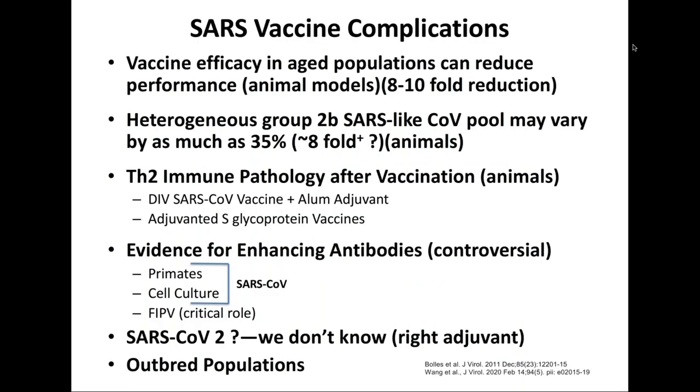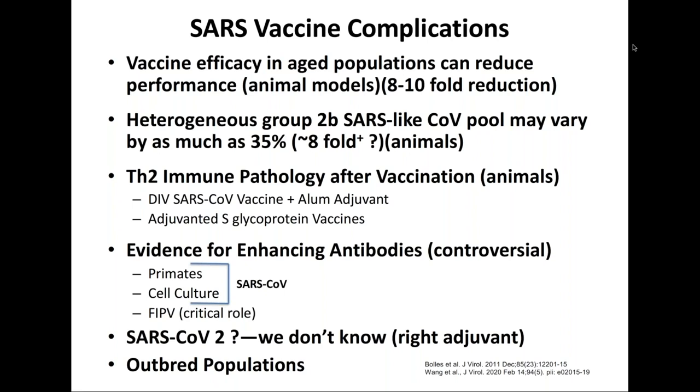I want to jump back to this SARS vaccine complication slide in relation to spike for just 1 second. In animal models, vaccine efficacy in aged populations, that's 1 year or older animals, can be reduced in terms of the neutralizing titer by 8 to 10-fold. If you use a heterologous challenge strain, you can get an 8 to 10-fold reduction in the neutralizing response as well.